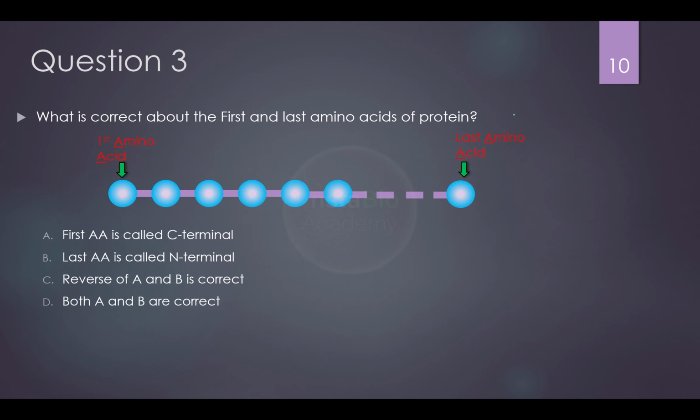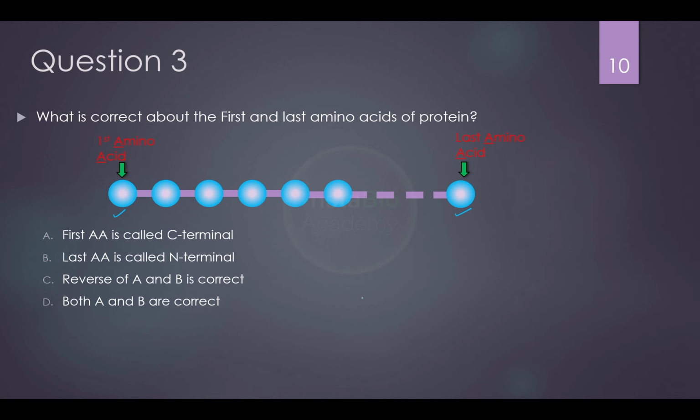Now the next question is, what is correct about the first and last amino acids of protein, right? So this looks like a representation of protein, where this is the first amino acid, and this one is the last amino acid.